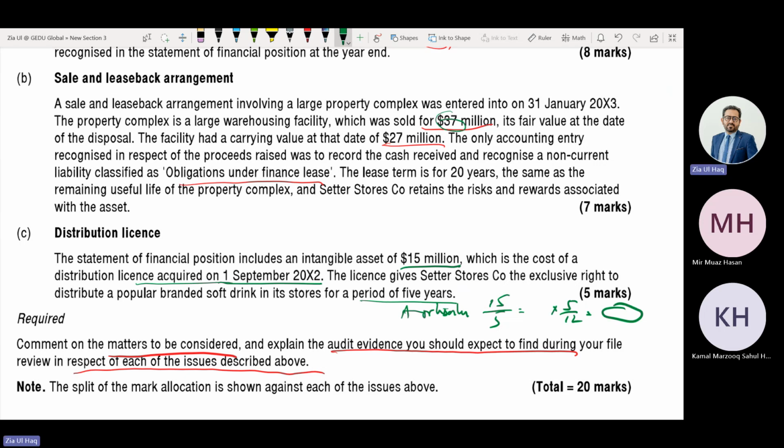Purchase contract of license copy to verify the license acquired on 1st September. Copy of recalculation of amortization to check its accuracy. Board minutes copy to verify how management considering the account balance and accounting for it to see if reasonable. Cash book bank statement copy to verify payments made against acquiring the license.